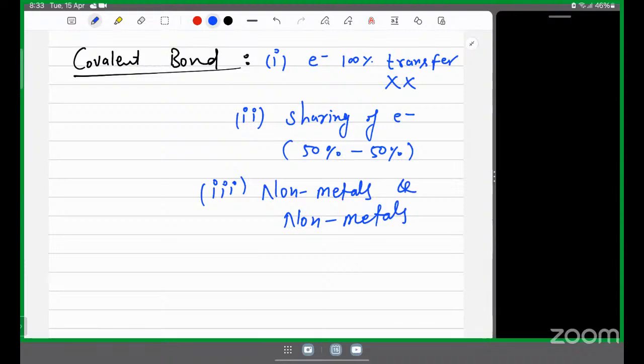Covalent compounds may or may not be in solid phase. Some covalent compounds are found in solid phase, some in liquid phase, and some in gaseous phase also. For example, HCl. HCl is H bond Cl, so it is a covalent compound. And HCl can exist in solid, liquid, and gaseous, all three states. In natural form, it exists in gaseous.